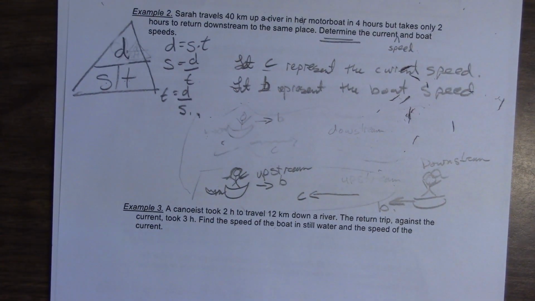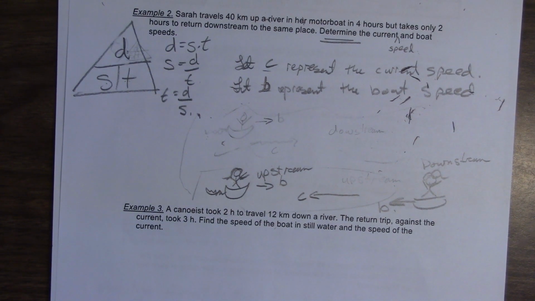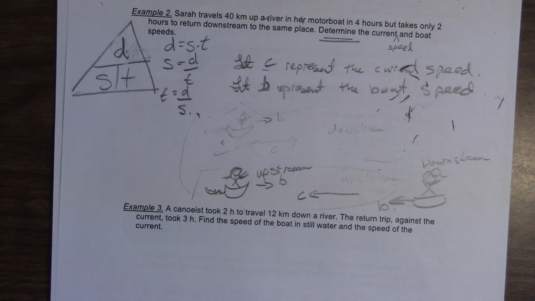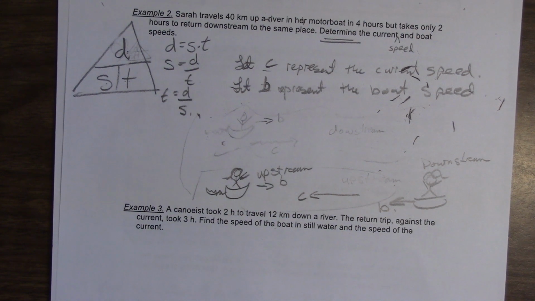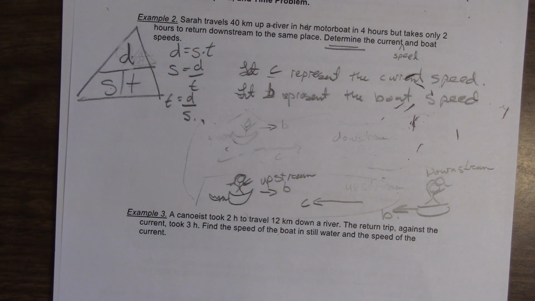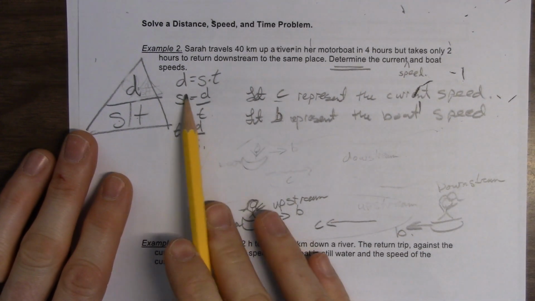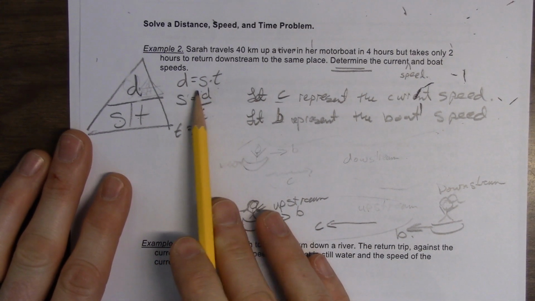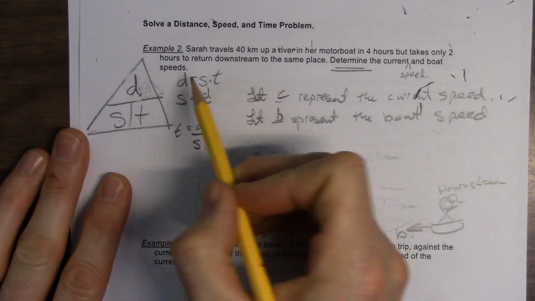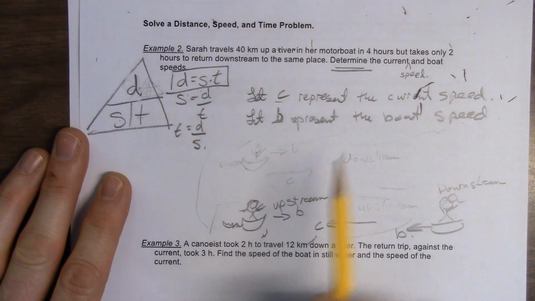All right, now it says Sarah travels 40 kilometers up a river in her motorboat in 4 hours, but takes only 2 hours to return. So we know that distance, from our magic triangle, our distance measurement is our speed times our time. Okay, because of this triangle. You have to know that triangle.